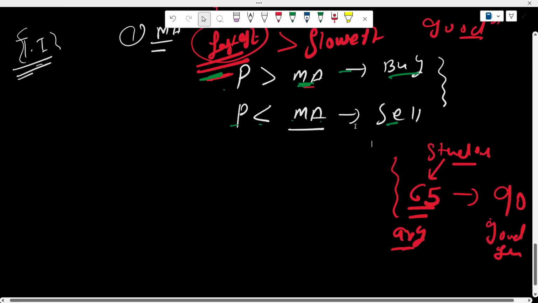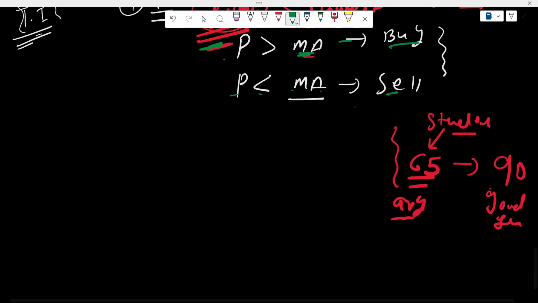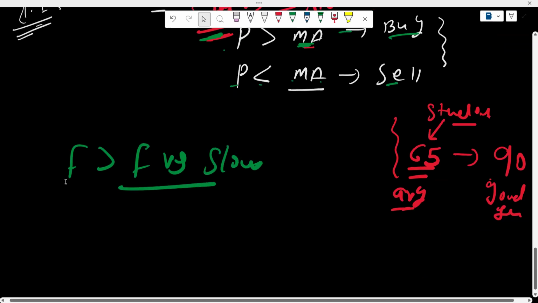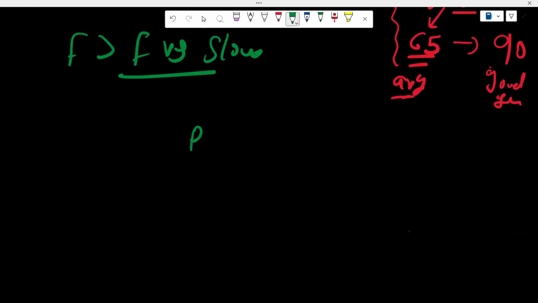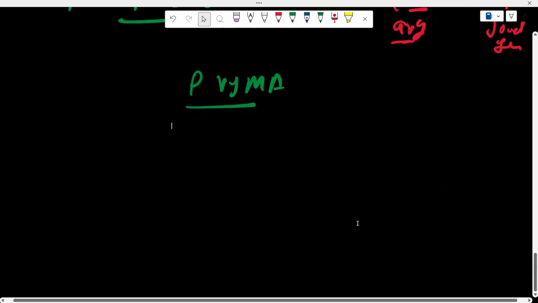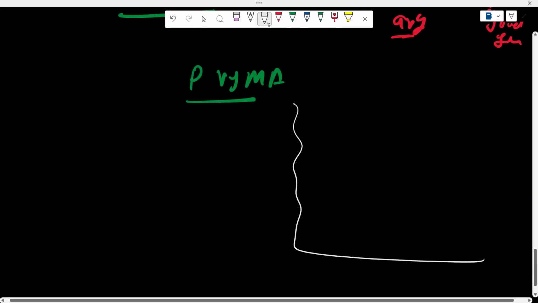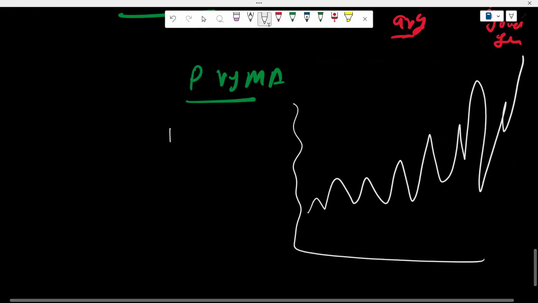So we are just comparing fast versus slow. I can compare price versus moving average. But don't you think that if I compare price and moving average, it will give me a lot of false signals? Because price is a zigzag, price generally moves like this. It's very noisy.